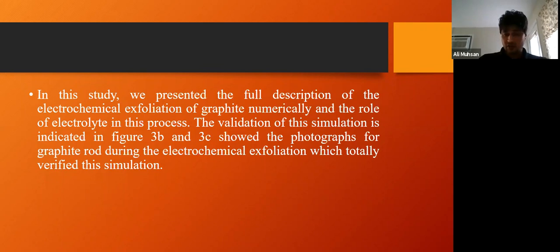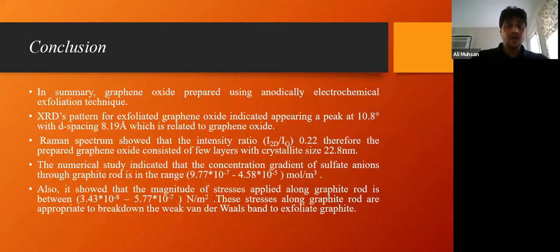The validation of this simulation is indicated by photographs of the graphite rod during the electrochemical exfoliation, which totally verified this. Graphene oxide was prepared using an anodic electrochemical exfoliation technique.